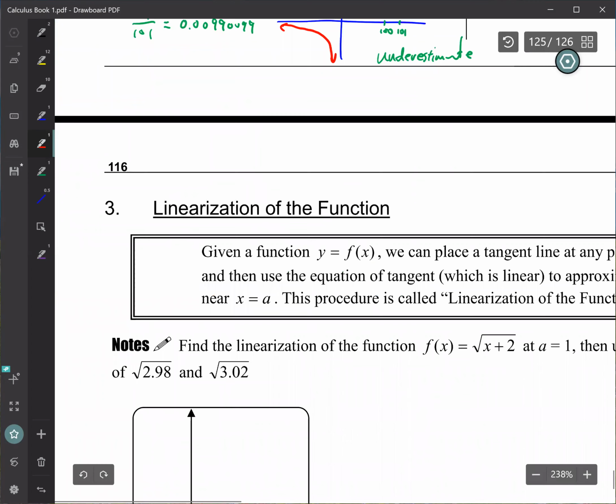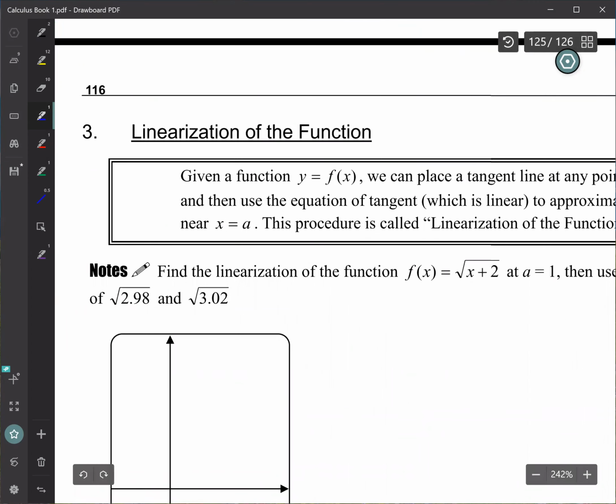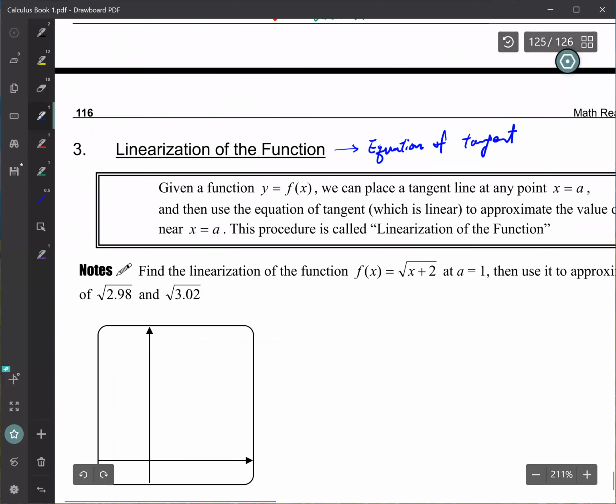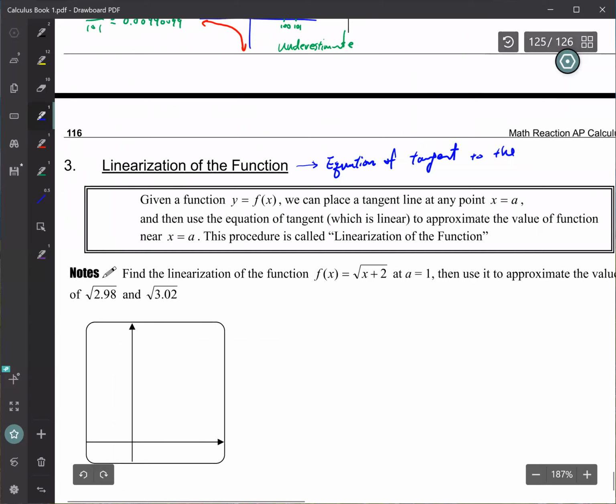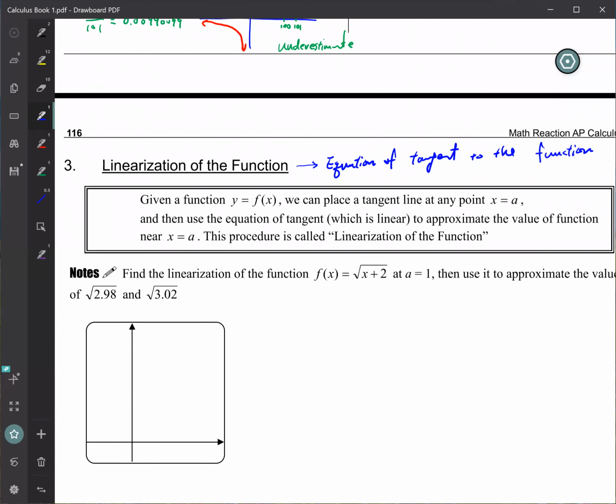Okay, so linearization, let's put that in simple words: equation of tangent. They just use a different word to make it sound very fancy. Equation of tangent to the function, which is called linearization of the function.